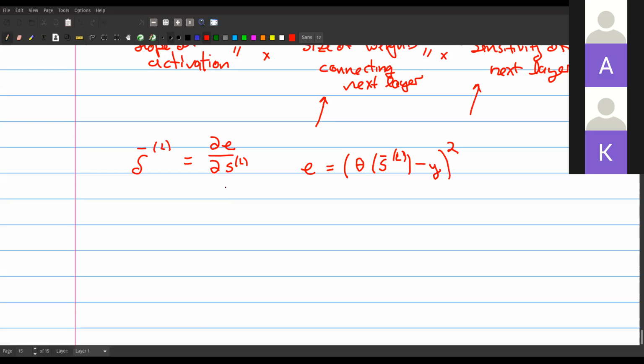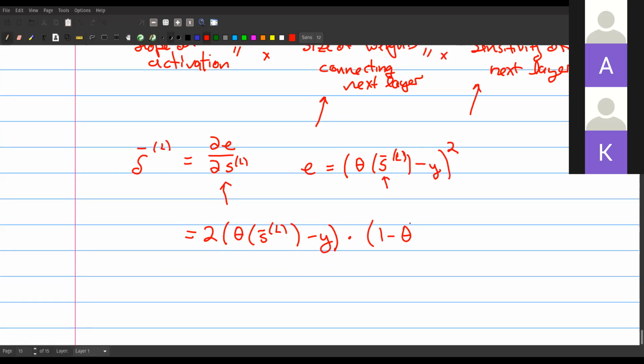Okay, so what this is saying is that I should just take the derivative of that where S^L is the variable. Well, that's no problem. That's just equal to, the 2 comes down. This is just like our simple perceptron example again. So 2 comes down, and this is theta^L minus y, times 1 minus theta squared.